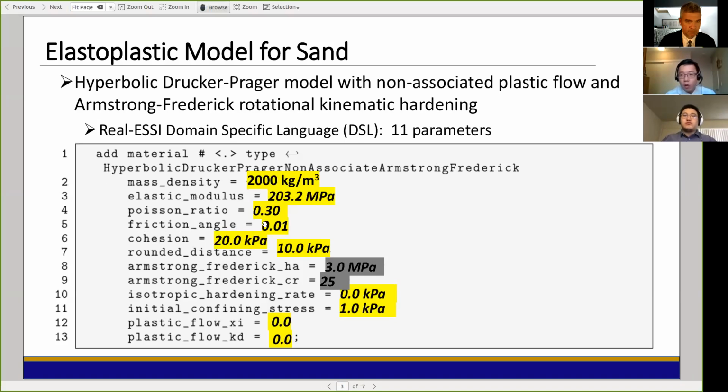As we discussed in the previous recordings, we will use a very small elastic region, essentially a very tiny Drucker-Prager cone, to model the elastoplastic behavior. The small cone will rotate along with the evolution of the back stress, so that it can still have the pressure dependent behavior. But we will set up a tiny cone, so we will choose a very small value for the friction angle, which is 0.01.